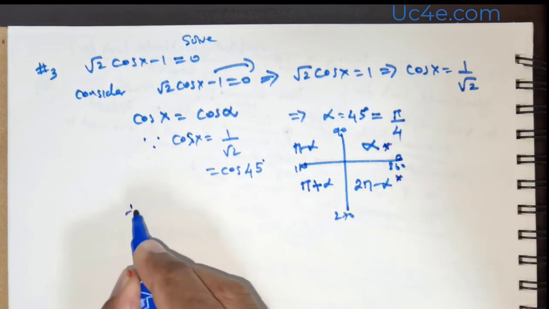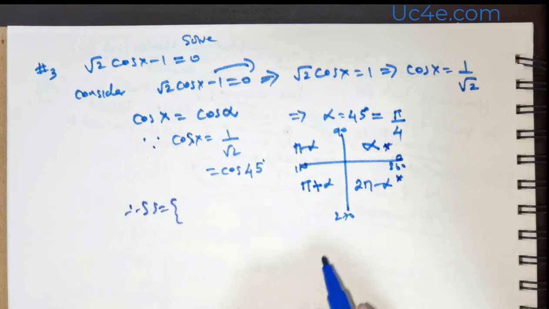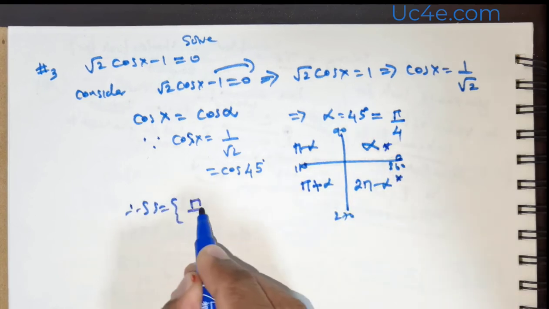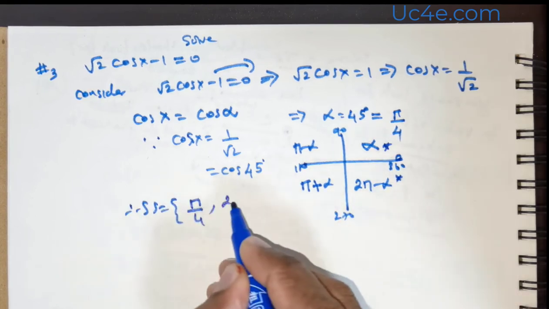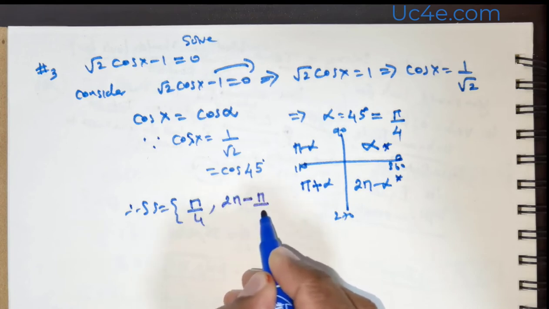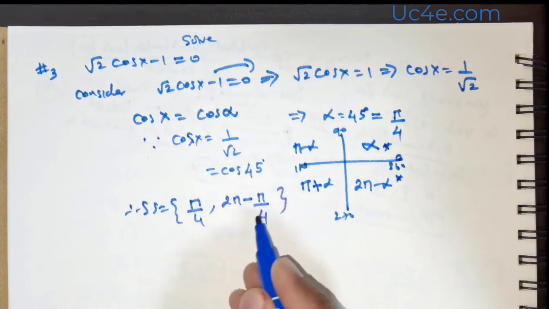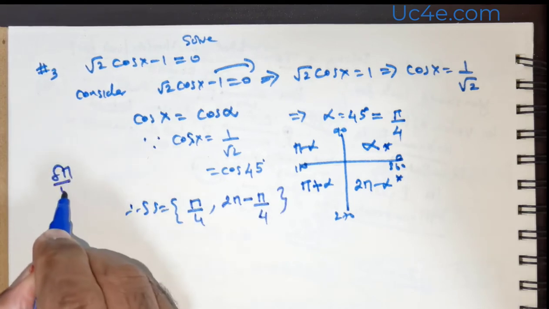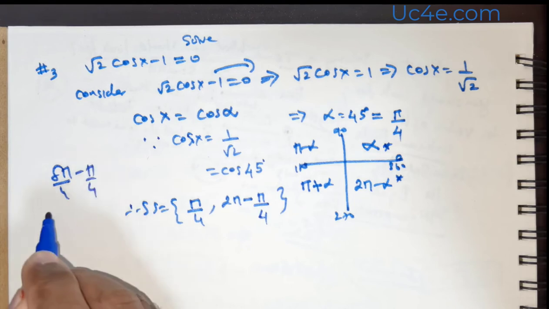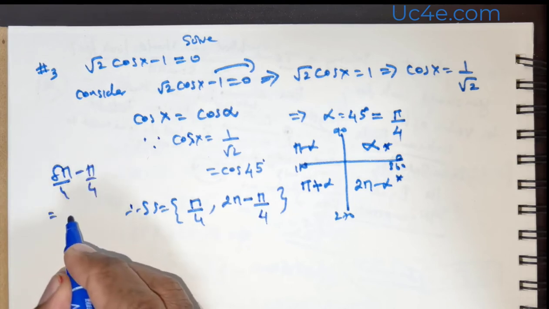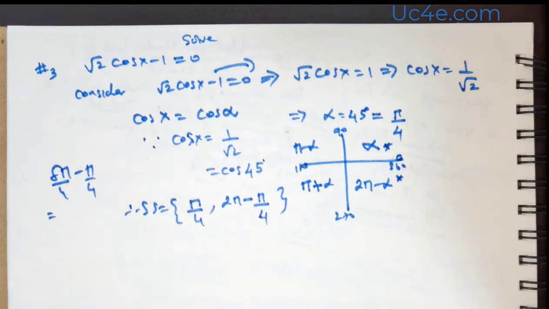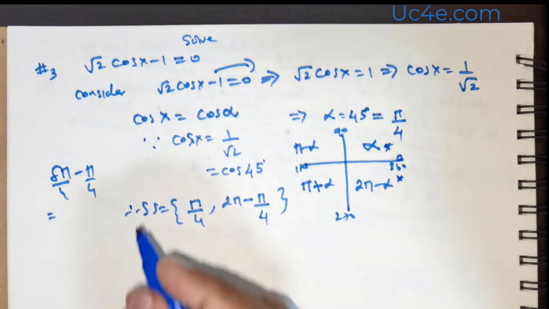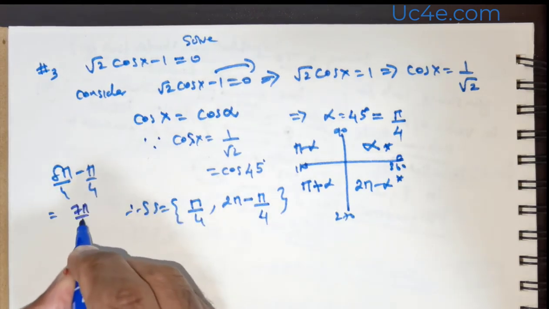Therefore the solution set is going to be pi divided by 4, that's fine, followed by 2 times pi negative pi divided by 4. So what is this? 4 times 2 is going to give me 8 pi over 4 negative pi over 4, which is going to be 7 pi over 4.